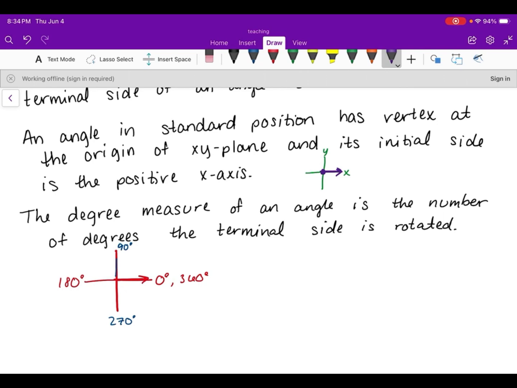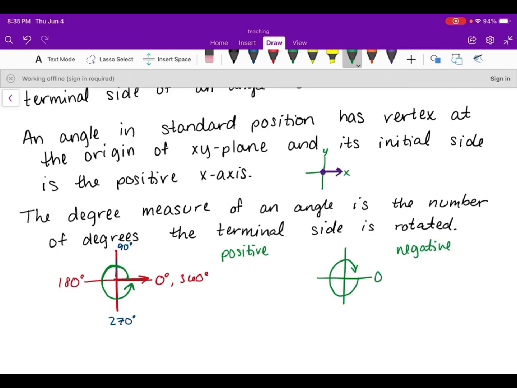You'll also notice that I've been going counterclockwise. So if you are going counterclockwise like this, then this is creating positive angles. Now, if you go clockwise, so if you have your coordinate plane, your XY plane, and you go this way, like instead of going upwards, you go downwards, that'll create negative angles.